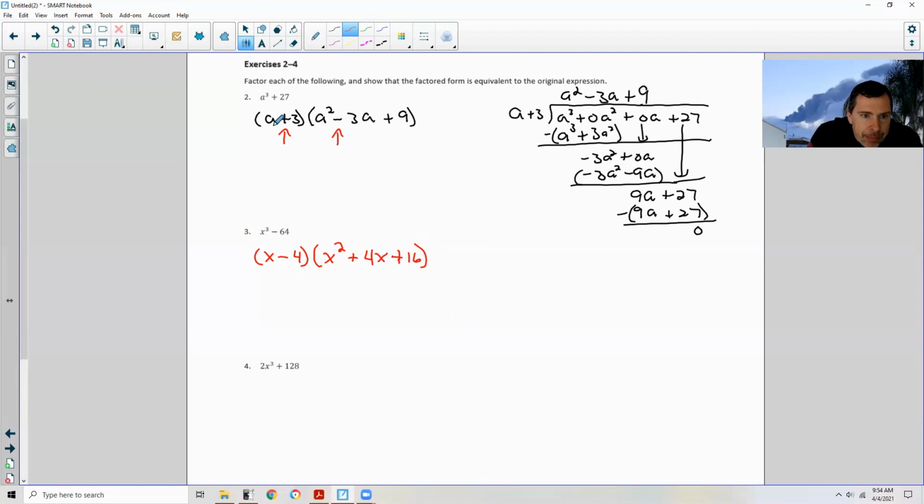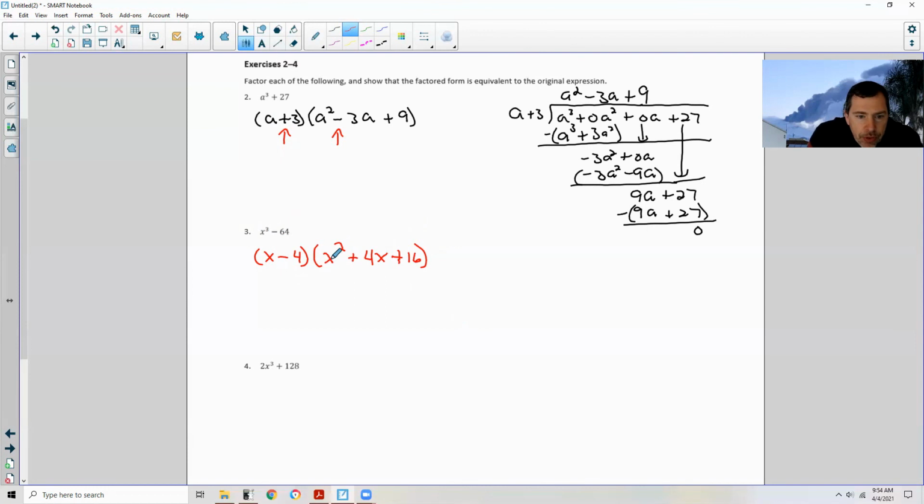So let's recap this. Cube root of the first term minus cube root of the second term times the first term squared, because x times x squared will give us x cubed. x times 4x will give us 4x squared. And then when we multiply these, we're going to get a minus, and things are going to cancel.